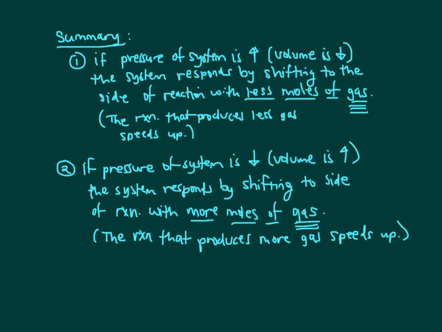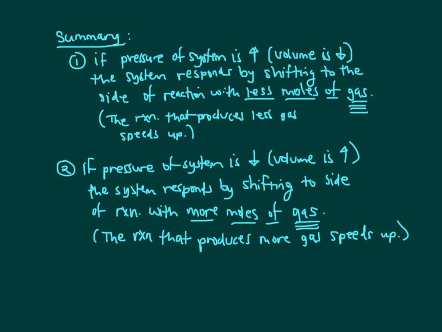So let's summarize how we would treat changes in gas or in pressure of a system. If the pressure of the system is increased, which is the same as a volume decrease, the system is going to respond by shifting to the side of the reaction with less moles of gas. So it's going to want to produce less moles of gas because you have a smaller space.